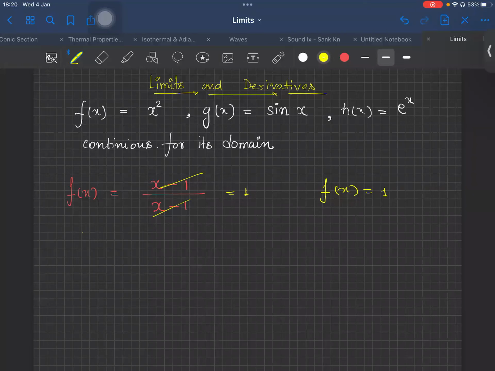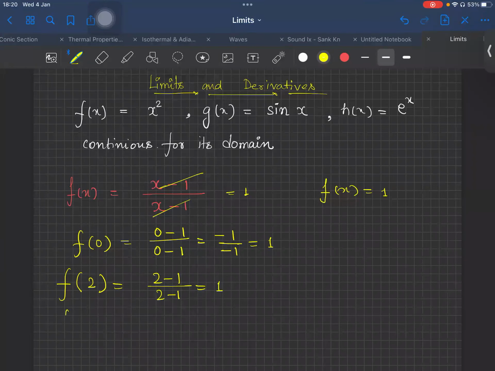For x is equal to 0, this function becomes 0 minus 1 upon 0 minus 1, that is minus 1 upon minus 1, which is equal to 1. Very good. Now f of 2: 2 minus 1 upon 2 minus 1 is again equal to 1. Let's say f of 100. That will be 99 upon 99, again equal to 1. That means f of x should be equal to 1, is it?